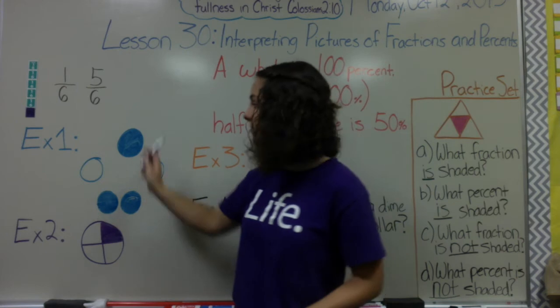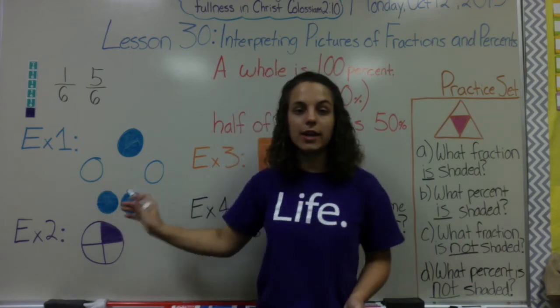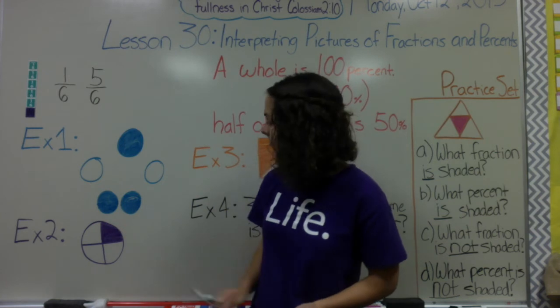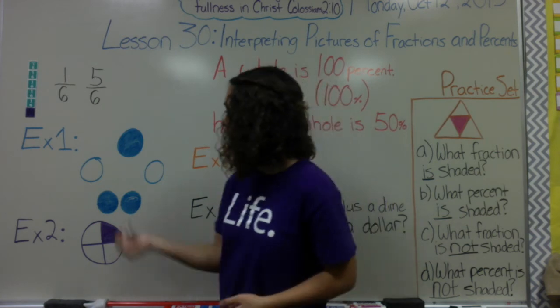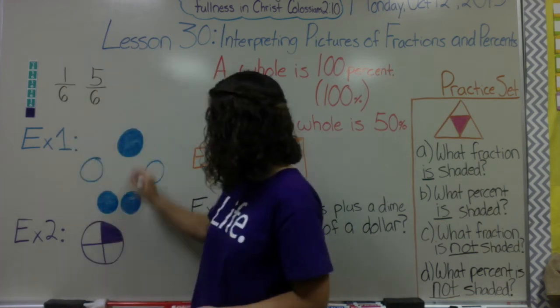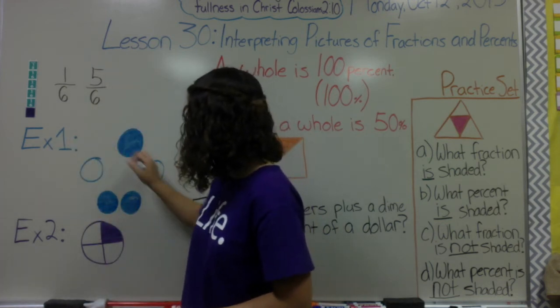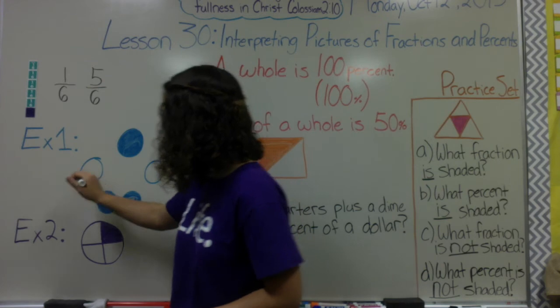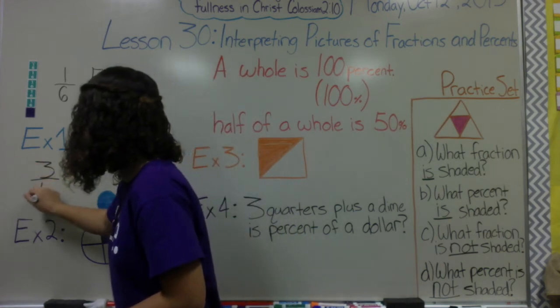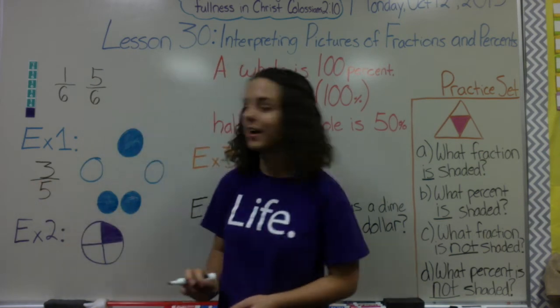Draw the 5 circles and answer as a fraction what fraction of these circles is shaded. If you wrote down in your journals that 1, 2, 3 out of 1, 2, 3, 4, 5 circles are shaded, that would be 3/5. Your answer would be correct.